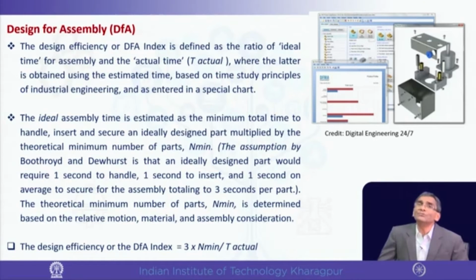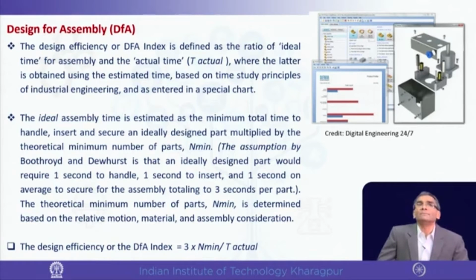If we can reduce the number to a minimum, then it becomes ideal. How the number of parts can be determined is a study that we will do now: the criteria based on which the number of parts can be decided optimally or minimally.